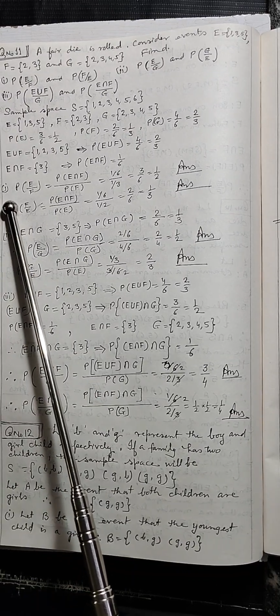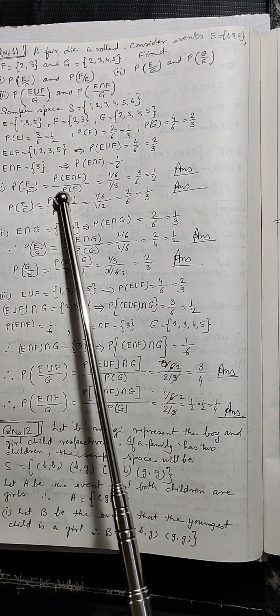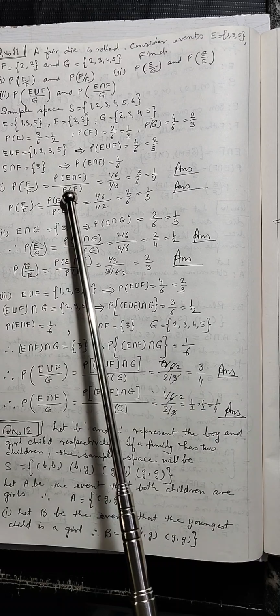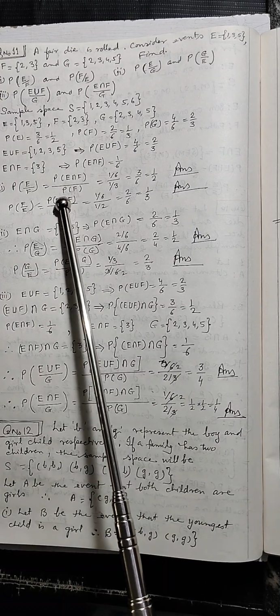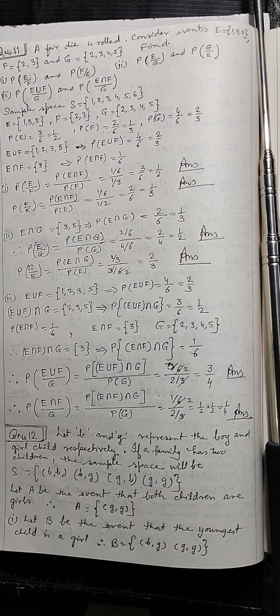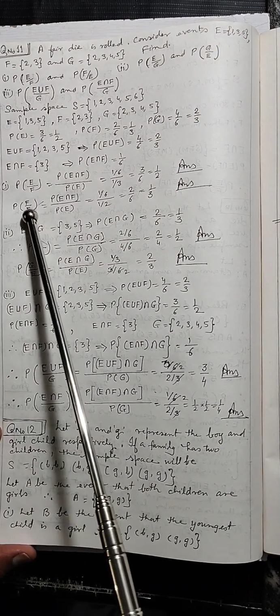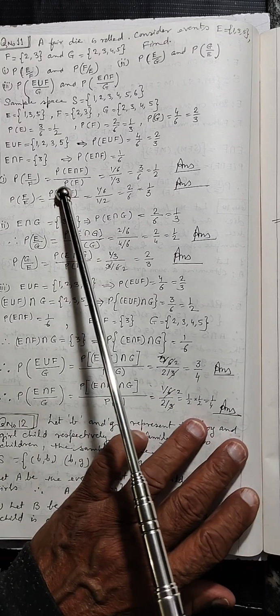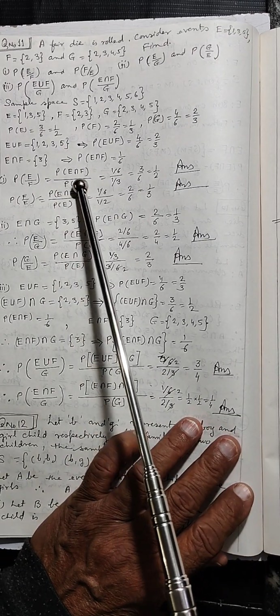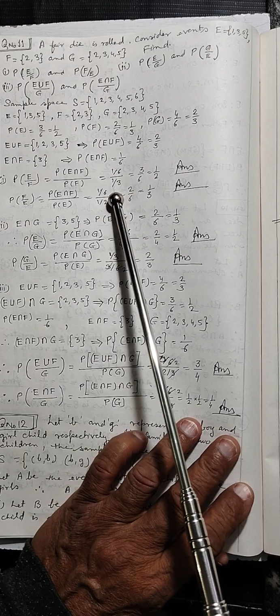First part, that is probability of E upon F, will be equal to probability of E intersection F upon probability of F. It will be equal to 1 by 6 upon 1 by 3.